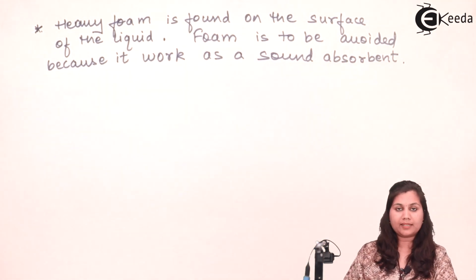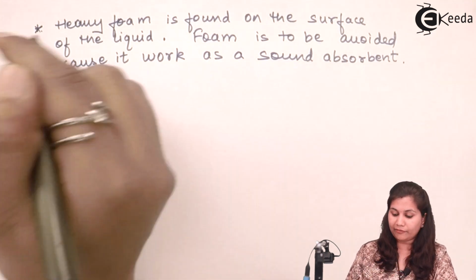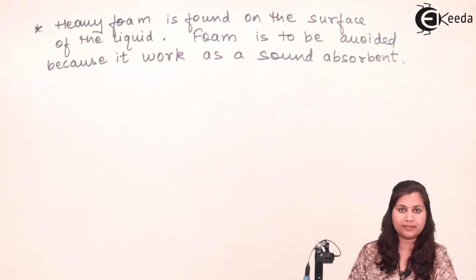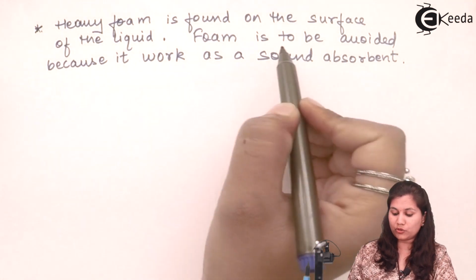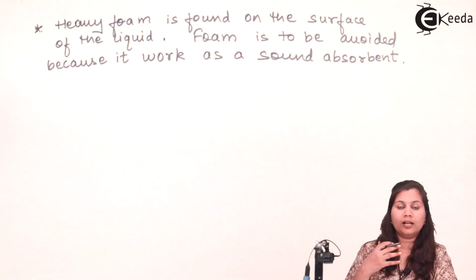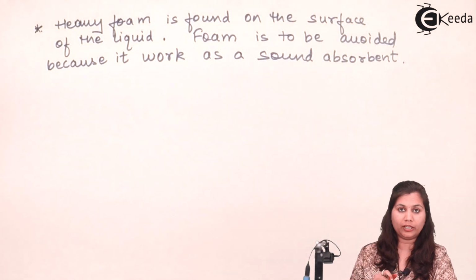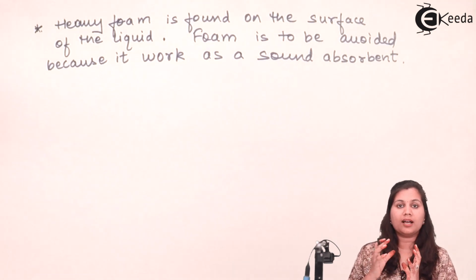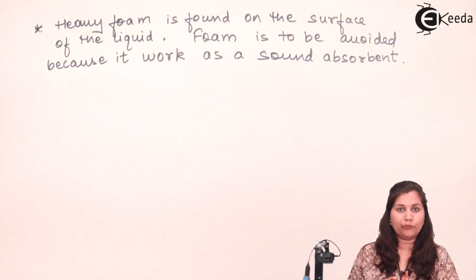Now there are some cases in which the fluids in the industries have a heavy foam over their surface. This foam is to be avoided because it acts as a very good sound absorbent. So when the ultrasonic waves hit the surface of the liquid, these sound waves are sometimes absorbed by the foam.